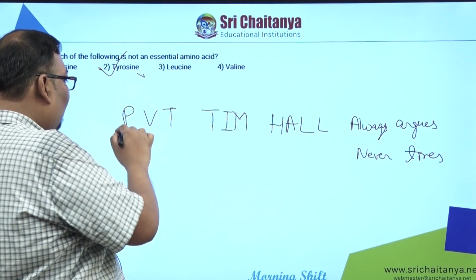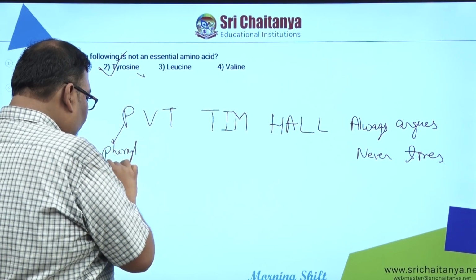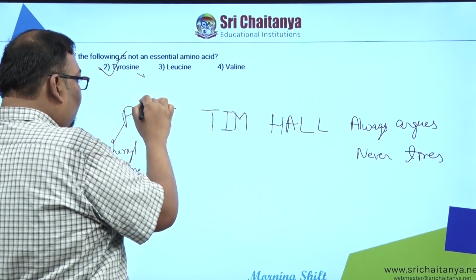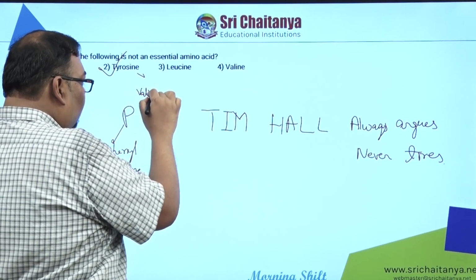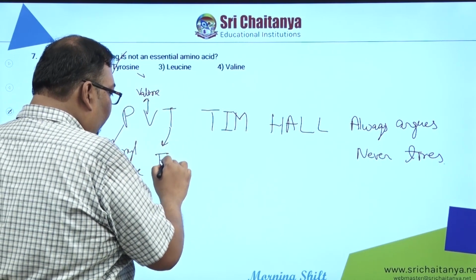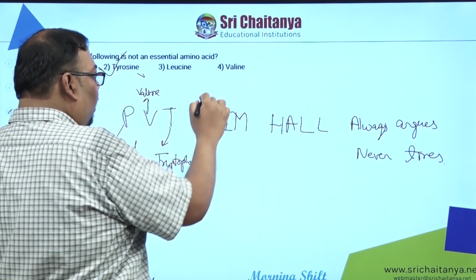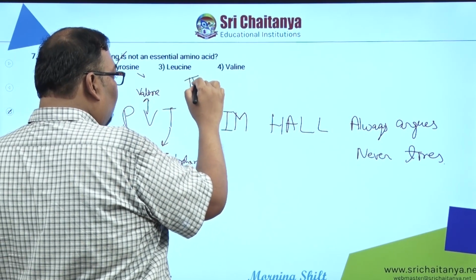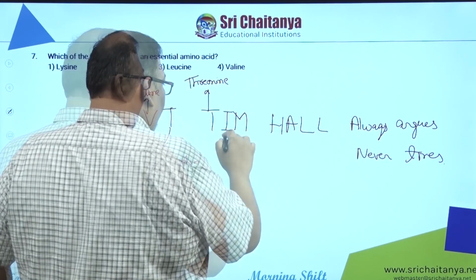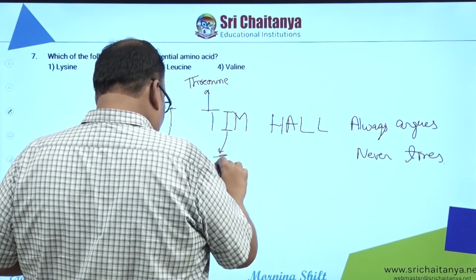P stands for phenylalanine. V stands for valine. T stands for tryptophan. This T stands for threonine. I stands for isoleucine.